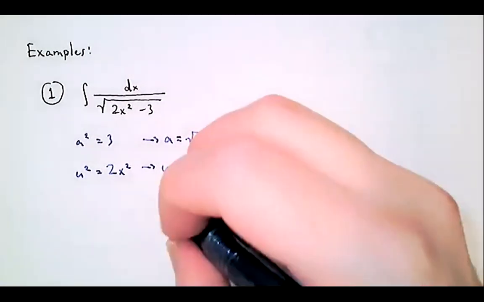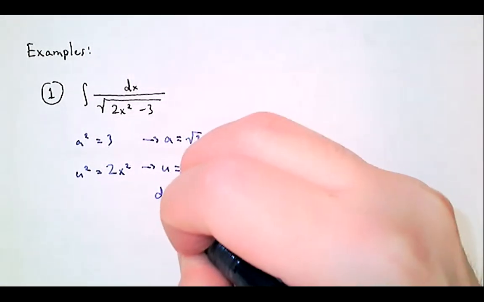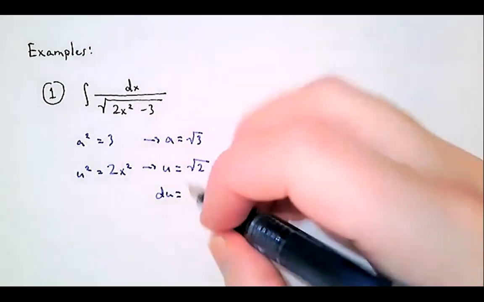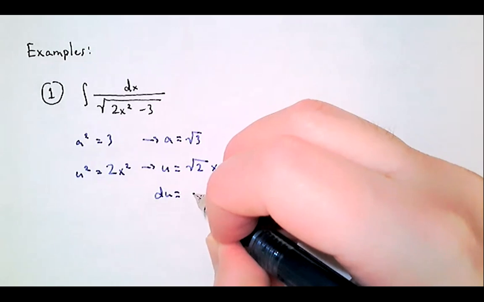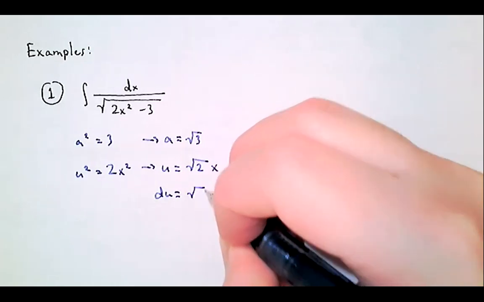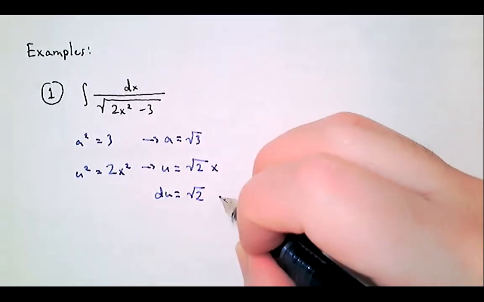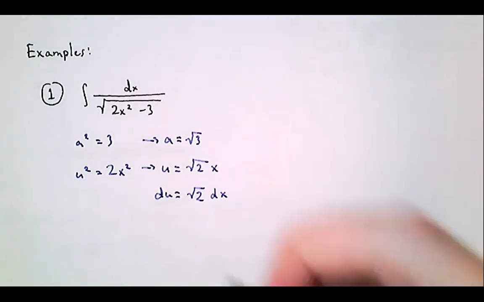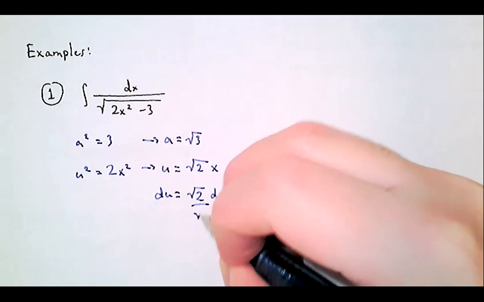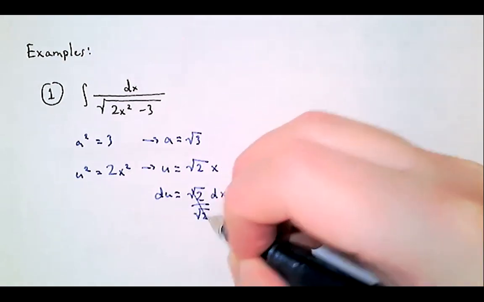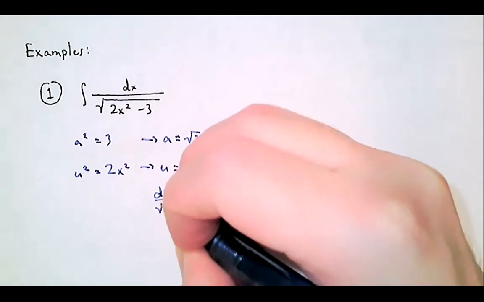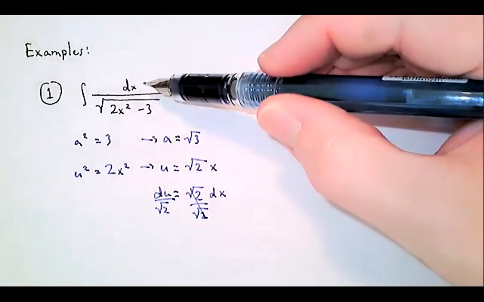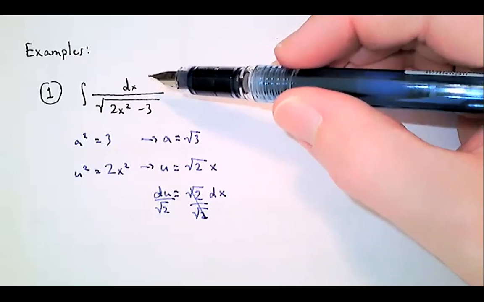Okay. And then once we identify u, we also need du, the derivative of this. The derivative of the square root of 2 times x is the square root of 2, and then we tag on dx. Okay. So to rearrange, you would want to move the square root of 2 over here to the left side so that we can just substitute in for dx.